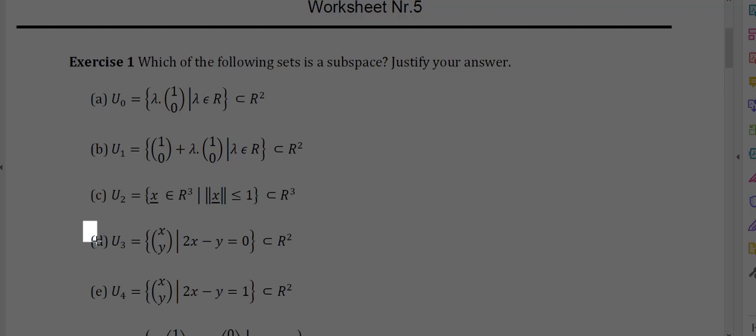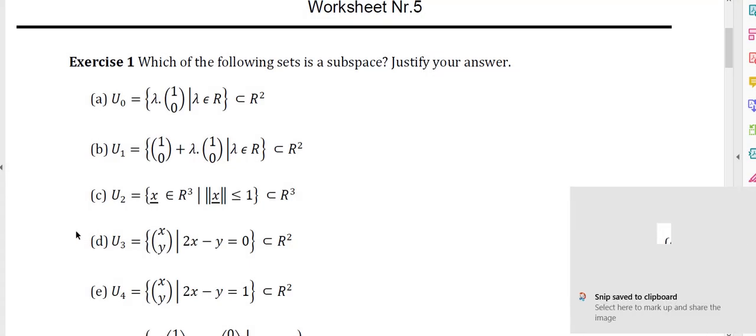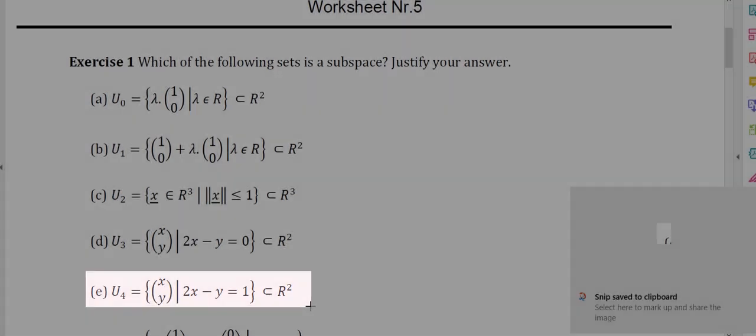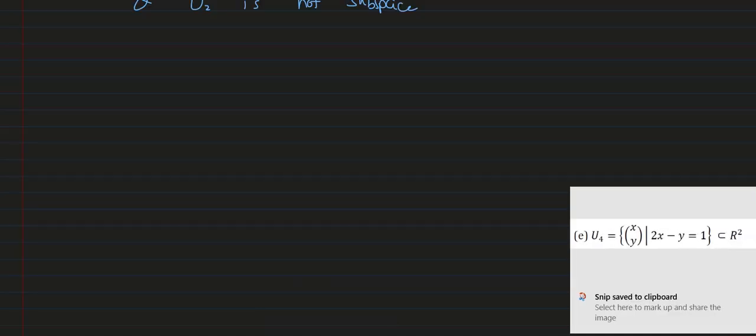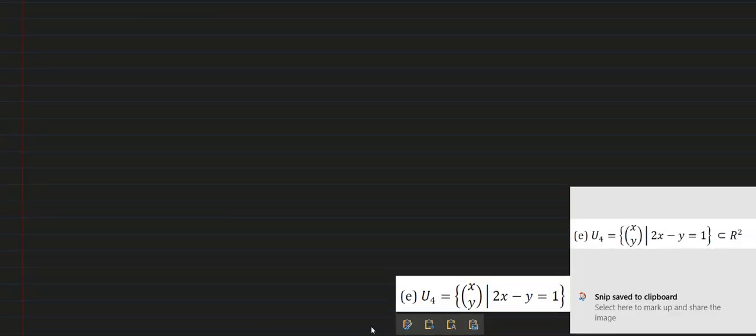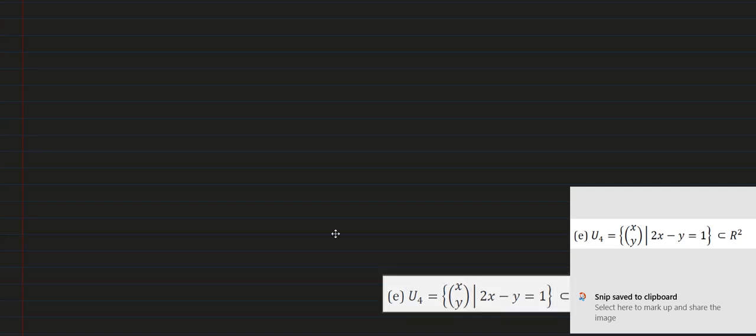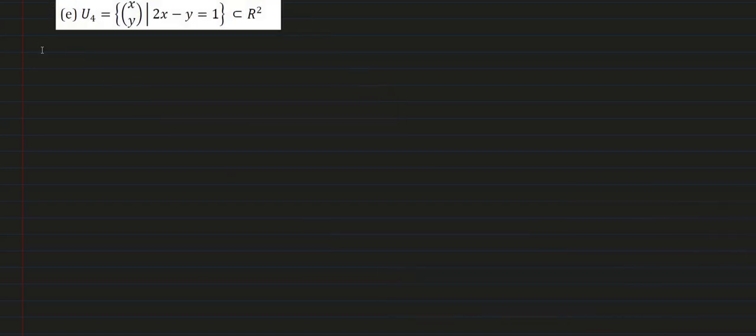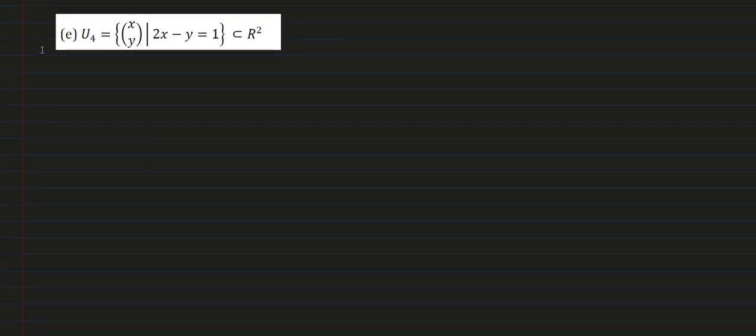Let's take number E first, and then we will get number T. So here we have U4 in E, and this is the shape of the vectors.